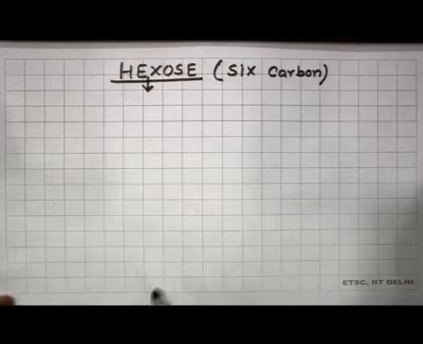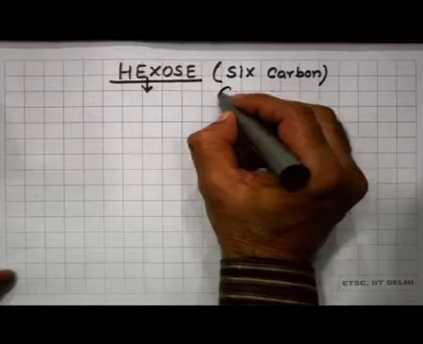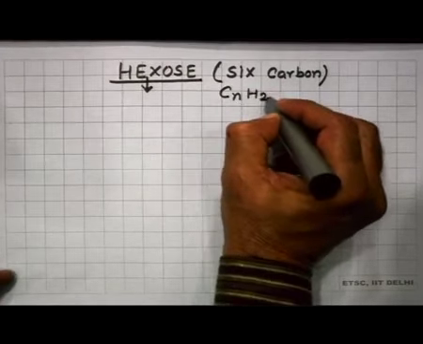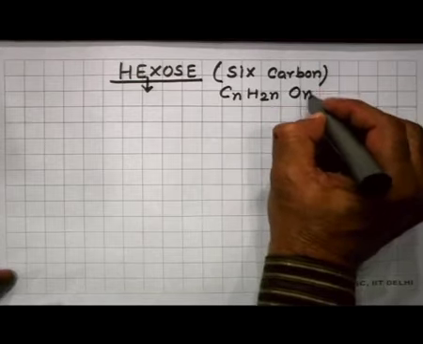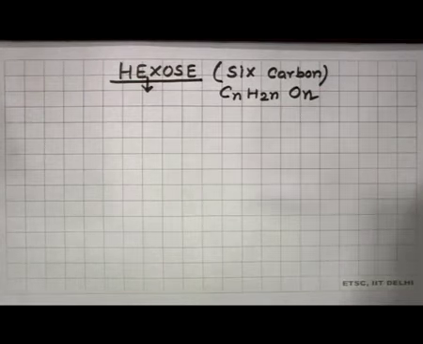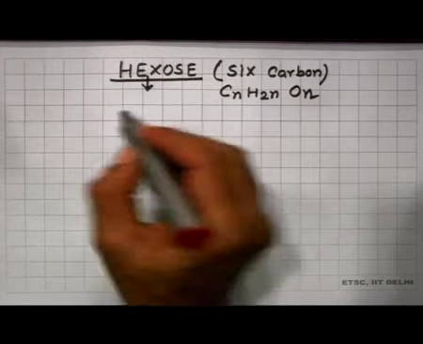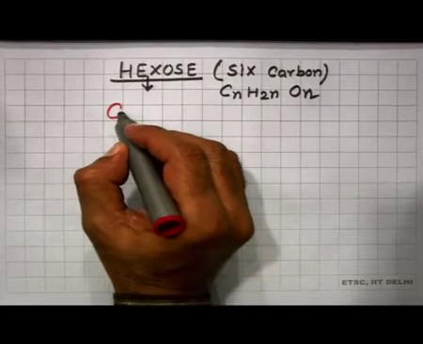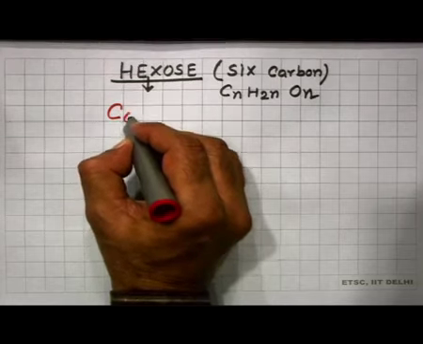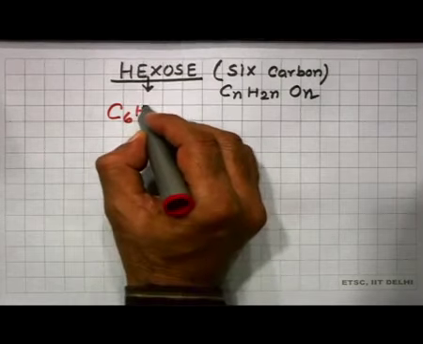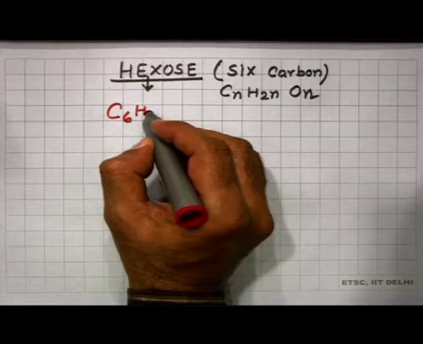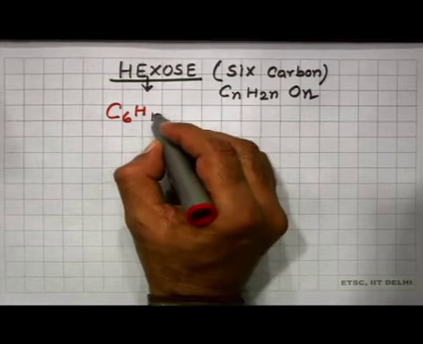When we know the formula of carbohydrate, that is CnH2nOn, we can easily write the formula of hexose. What will be the formula of hexose? The carbon will be 6, okay. Hydrogen will be 2n, means 2 into 6, that is 12.